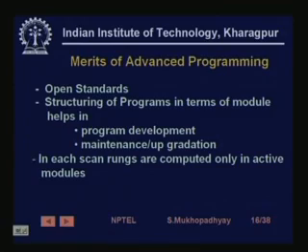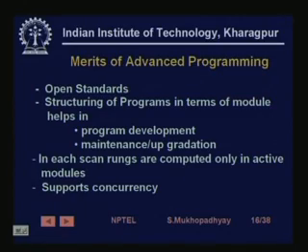Then it is not necessary that every rung has to be computed all the time. In fact, only a few rungs are actually active and the other rungs are inactive. So there is no point; you can save a lot of computational time by skipping those. That will improve computational performance, and it supports concurrency.